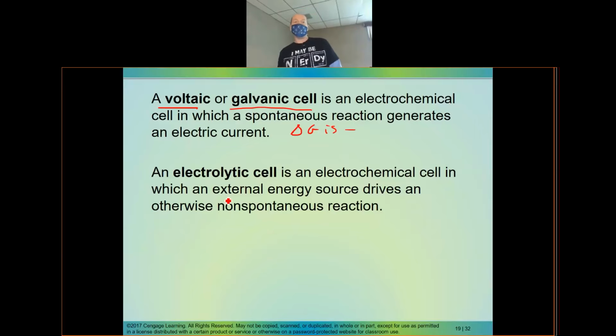If it says you have an electrolytic cell, an electrolytic cell is one that is non-spontaneous. And so here your delta G is going to be positive. So in order to get an electrolytic cell to work, you're going to have to supply energy to get the reaction to go.